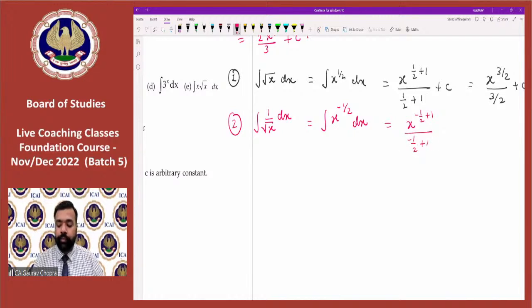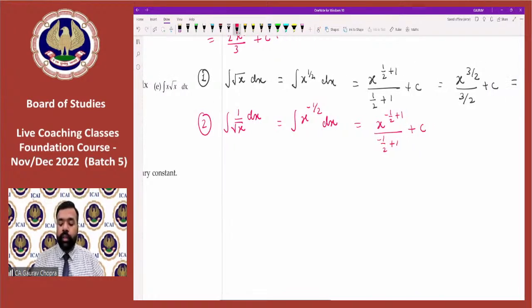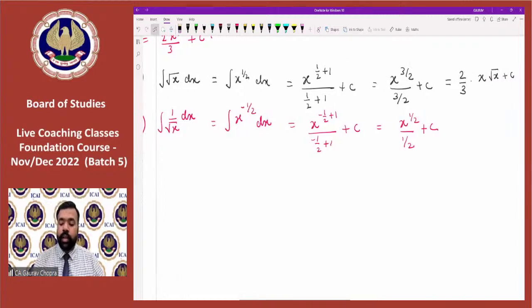Now what will be the final result? It will be x to the power of half divided by half plus c. Half will become reciprocal 2, so 2 root x plus c. This will become the final result.